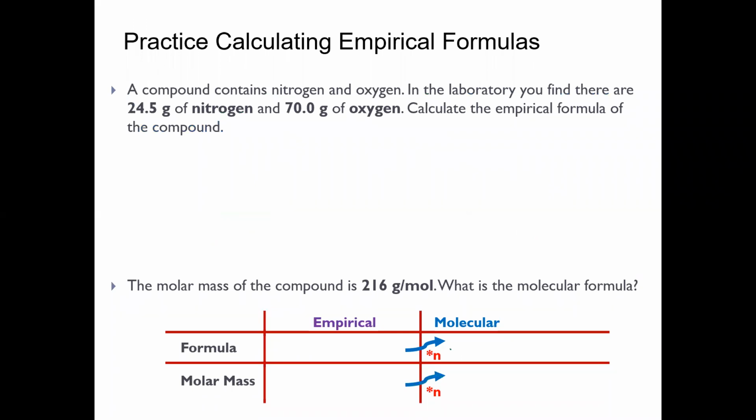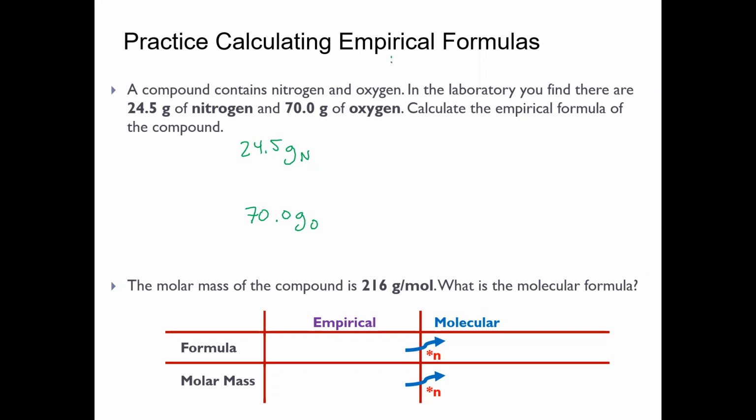Well, here are a couple of practice problems. So here we find 24.5 grams of nitrogen and 70.0 grams of oxygen. This is nice. We have the mass amounts of each element in our compound.